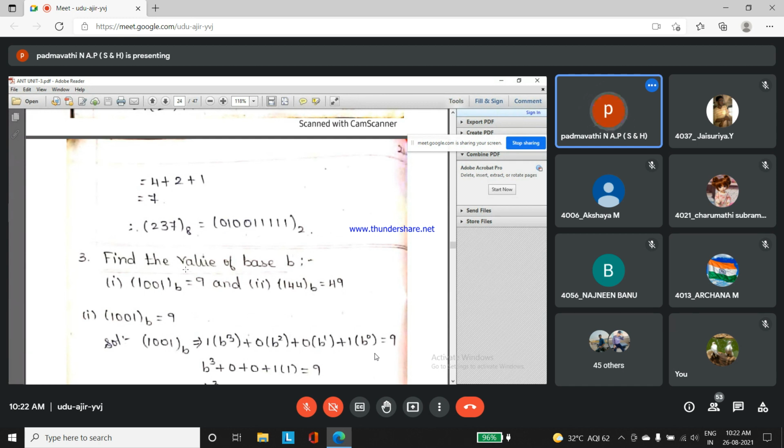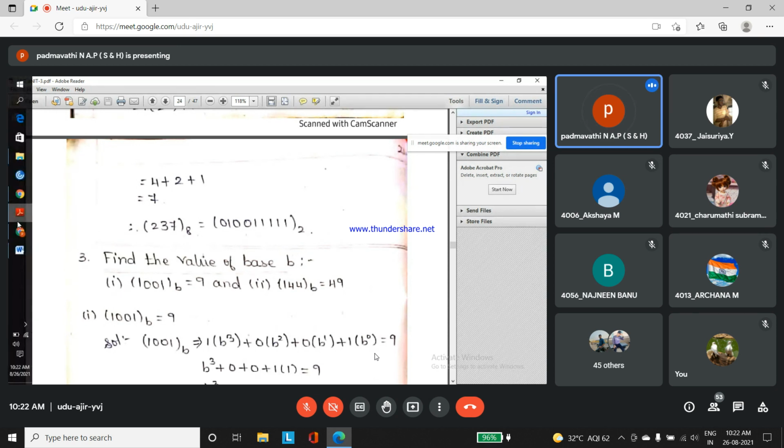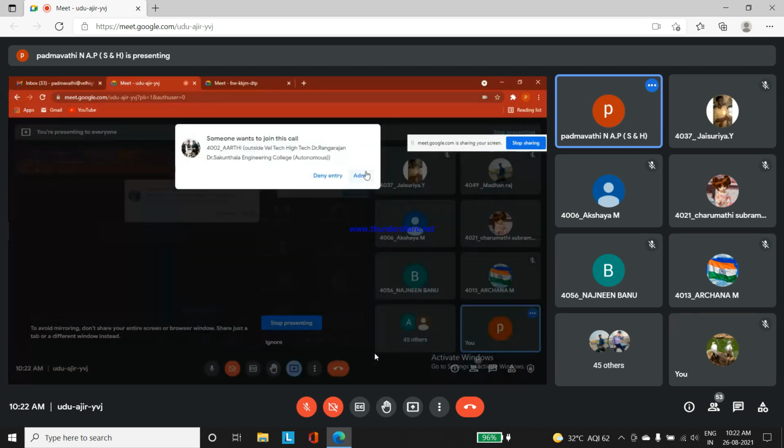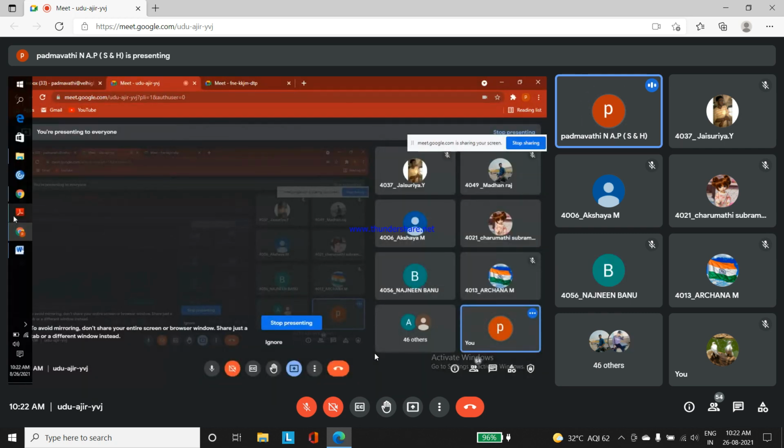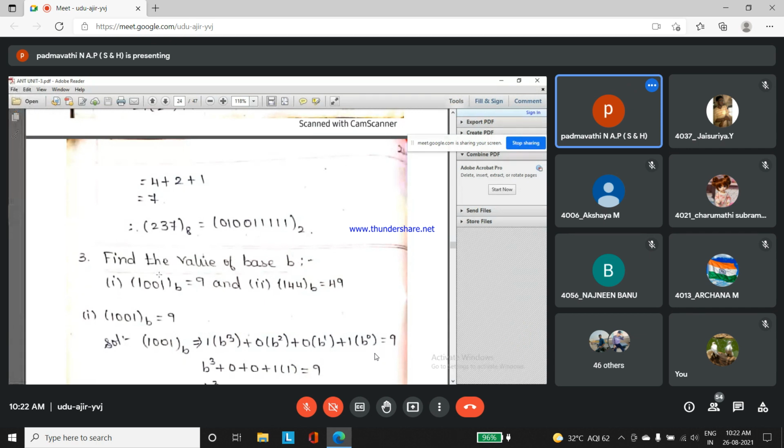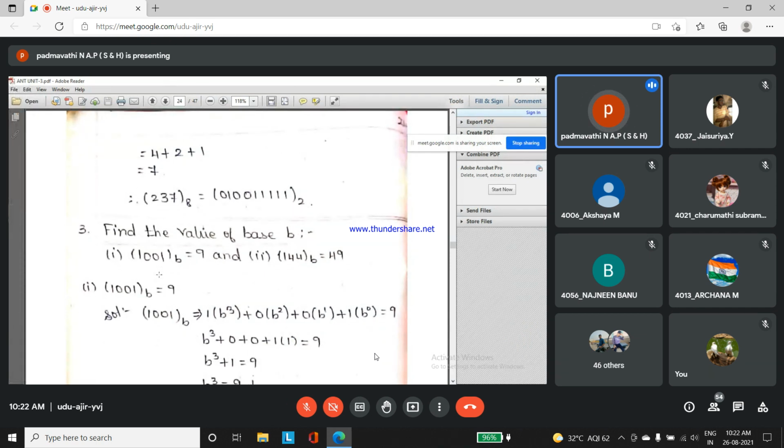The next one: find the value of base b. First question: 1001 base b is equal to 9.